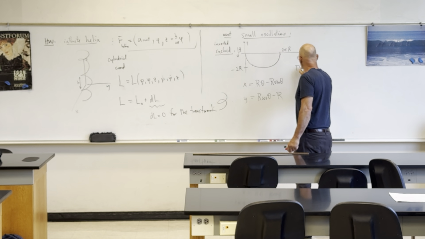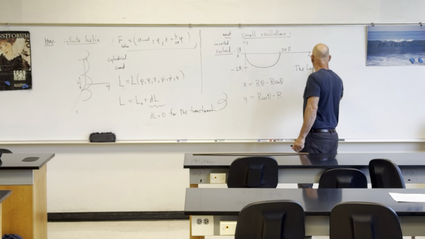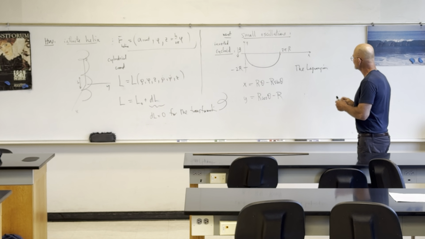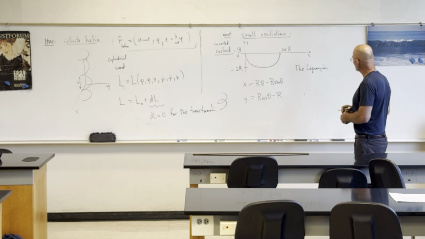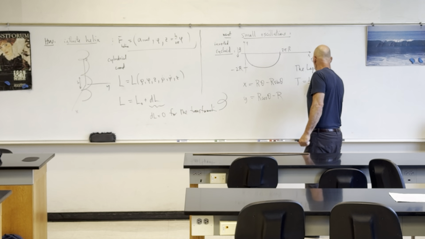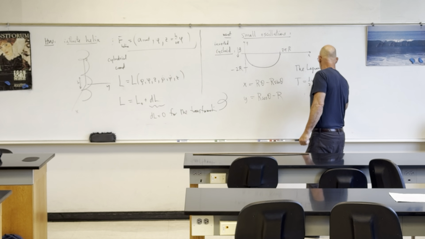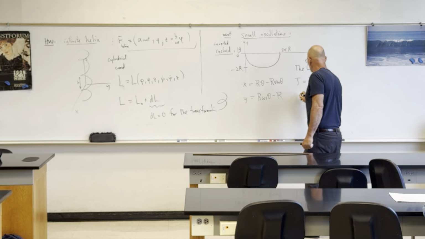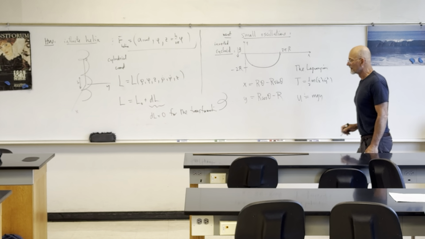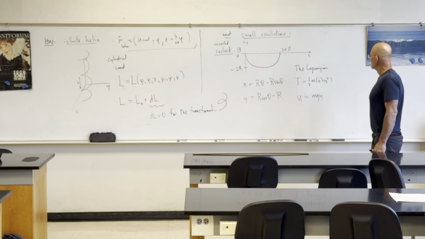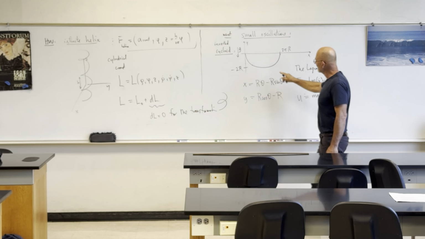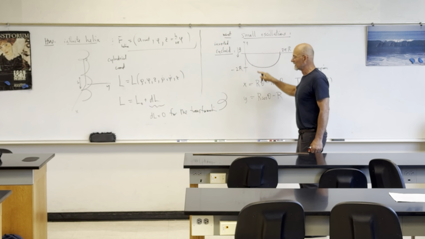So for this object, the Lagrangian, first of all, we just have to do T equals 1/2 m times x dot squared plus y dot squared, and U is going to be mgy. But this won't do because we have two coordinates and there's only going to be 1 degree of freedom.